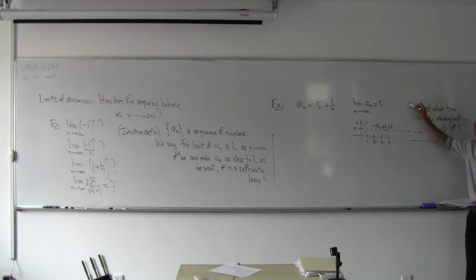Okay, so here's the question. Past what time is A sub n always within 1/10 of 5? Don't blurt out the answer. Think for 10 seconds.